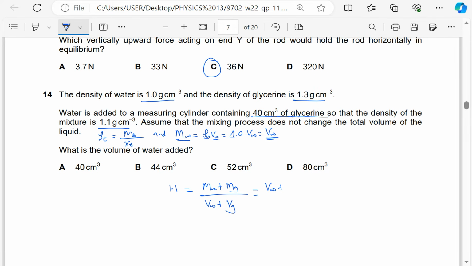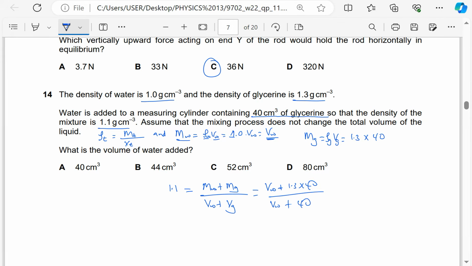The mass of glycerin is equal to the density of glycerin times the volume of glycerin, which is 1.3 times 40. So this will be plus 1.3 times 40, divided by the volume of the water, VW, plus the volume of glycerin, which is 40.